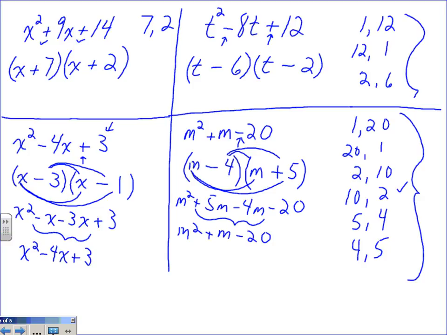Right. And let's try one more. Let's try w squared plus 6w minus 16. Notice that last number is a negative.